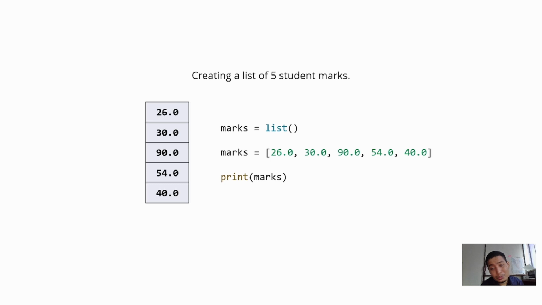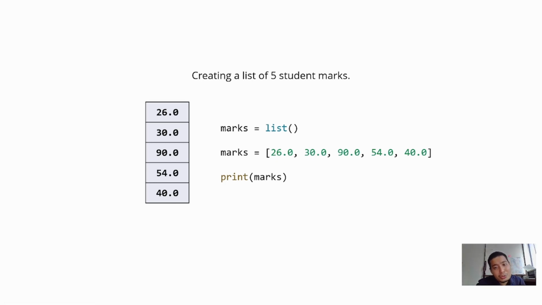If other programmers want to read your code, they will get confused because they have to work out by themselves, okay, what is marks? Oh, by using this definition, I can tell that marks is actually a list. So it is less readable.